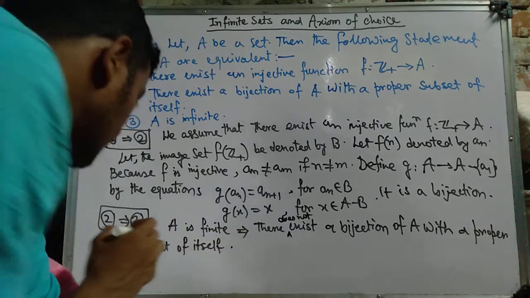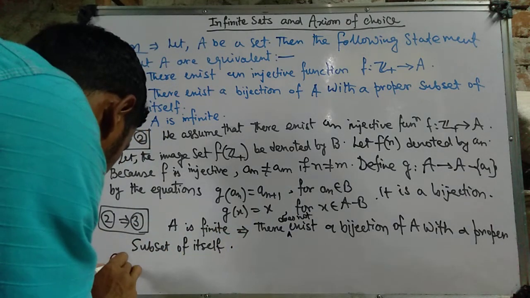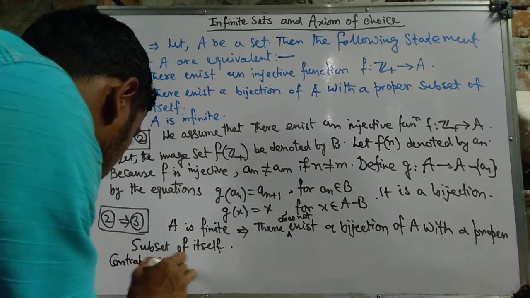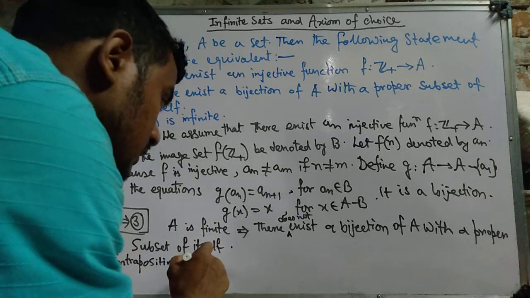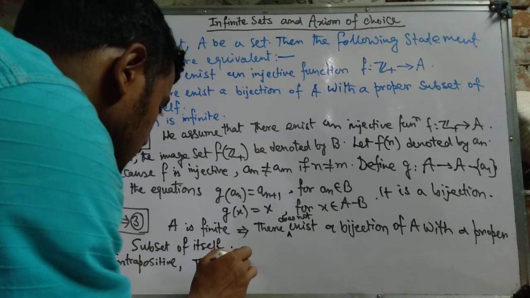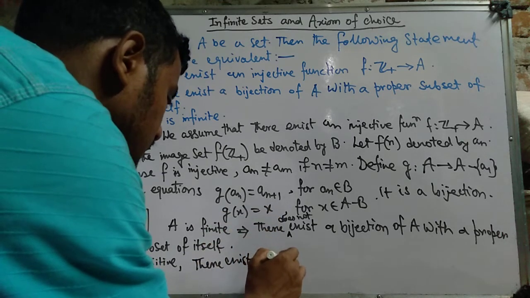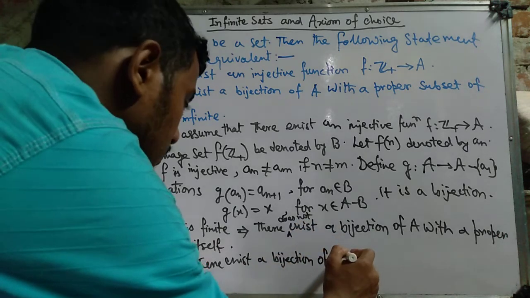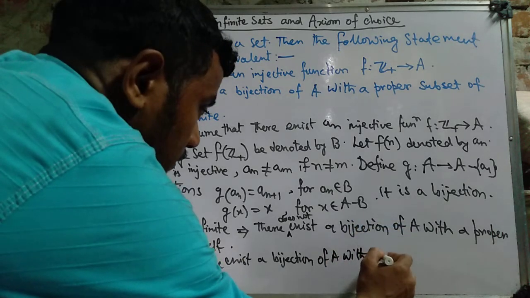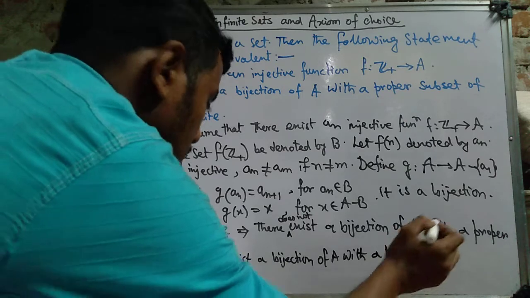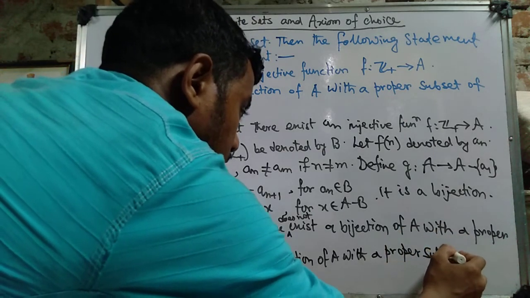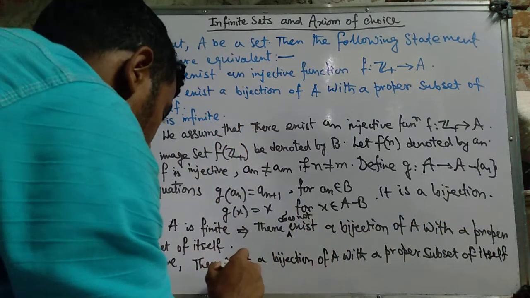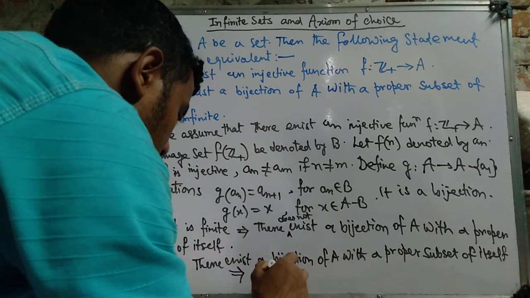Then the contrapositive is: if there exists a bijection of A with a proper subset of itself, this implies that A is infinite.